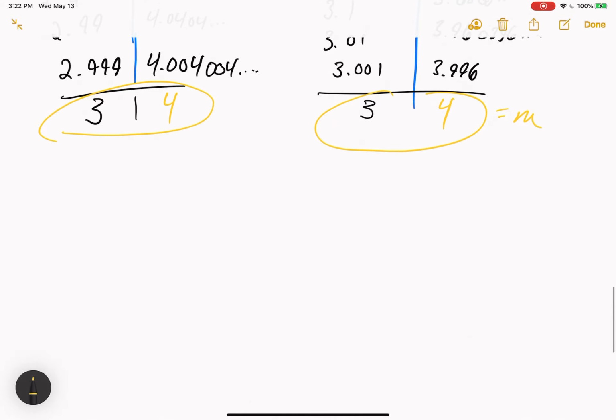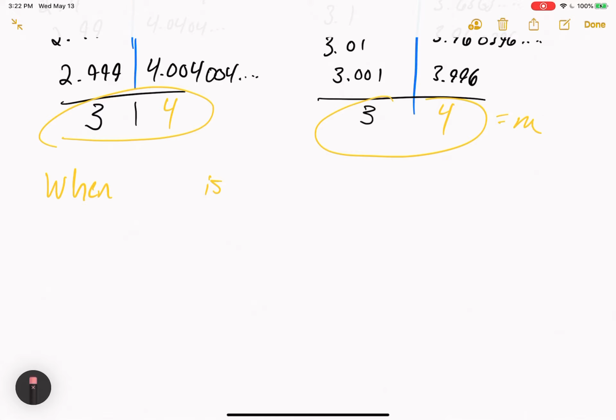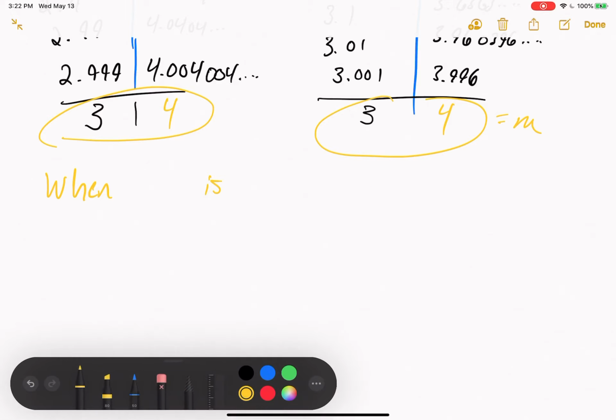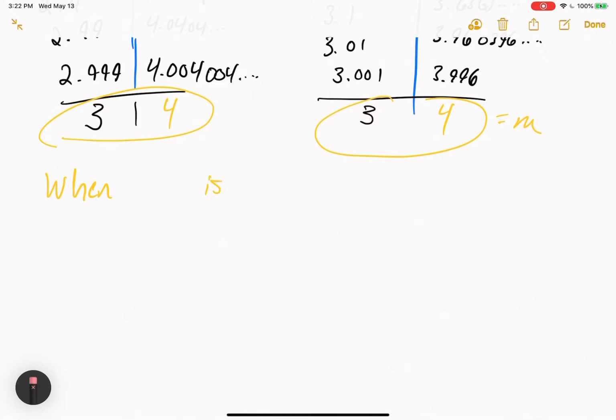So what we're saying really is when P is, or not P, always start with P. Man, I'm writing in yellow again. I apologize, guys. Okay.